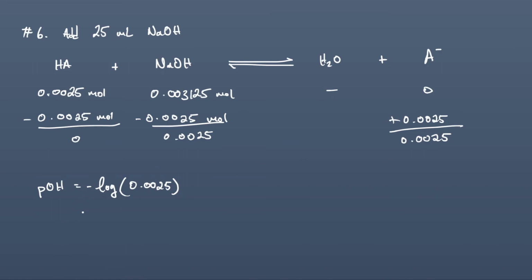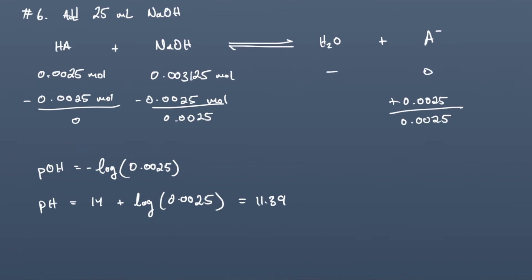Well, that's the pOH. So the pH is 14 plus minus the pOH. So it would be plus this because it's minus a minus. And what do we get? 11.39.